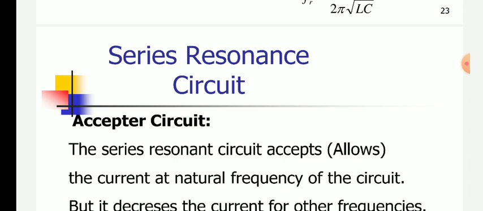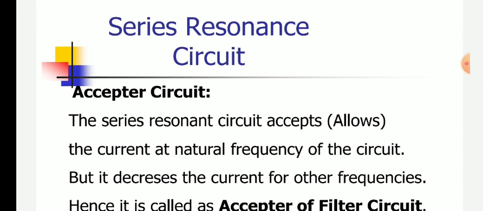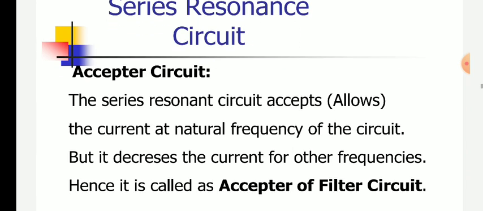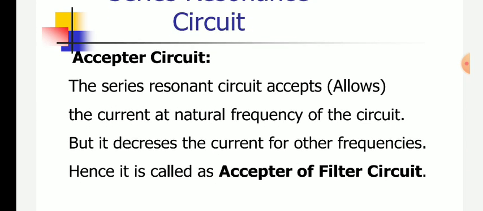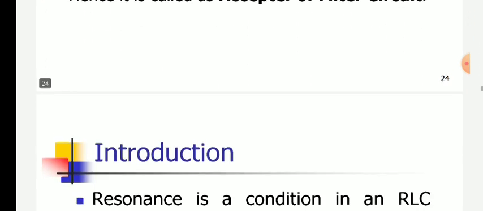That means the series resonant circuit accepts or allows the current at the natural frequency of the circuit. That means the natural frequency is the resonant frequency of the circuit. But the current decreases for other frequencies, hence it is called an acceptor or filter circuit.